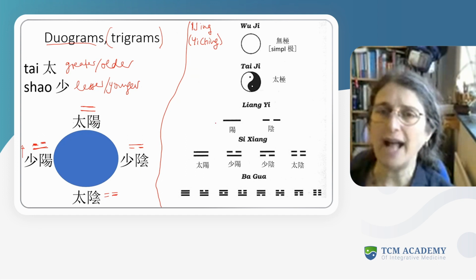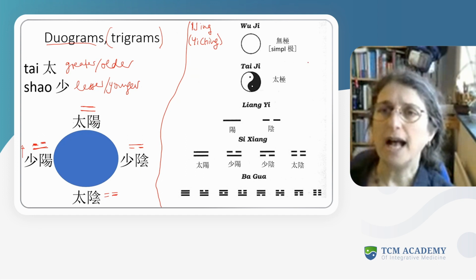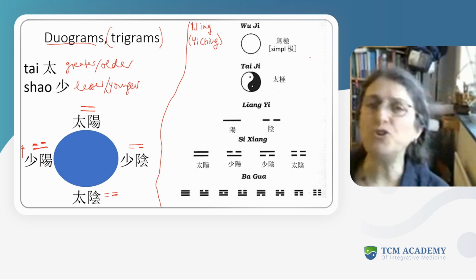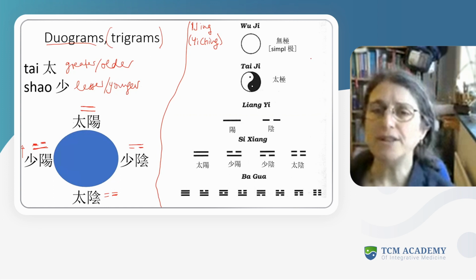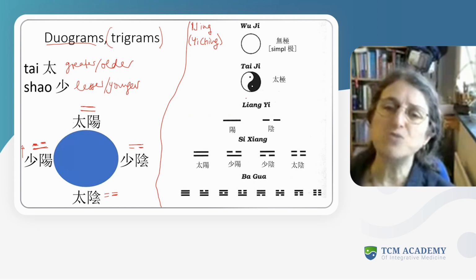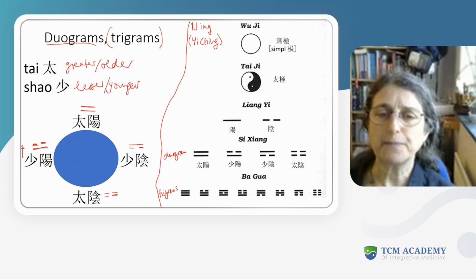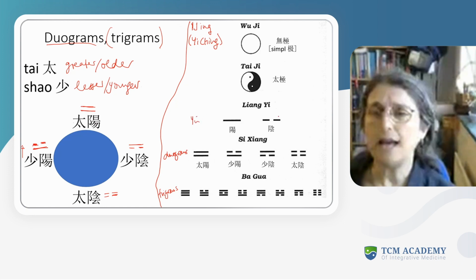It's basically about hexagrams, and there are these things called the 10 wings, which were supposedly written by Confucius, and he wrote about the different hexagrams with relation to their trigrams. These are the trigrams here, and these are the duograms here. And these are yin and yang.